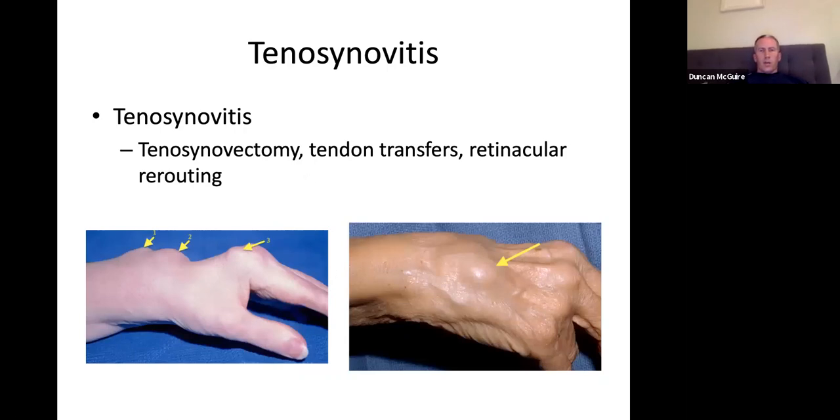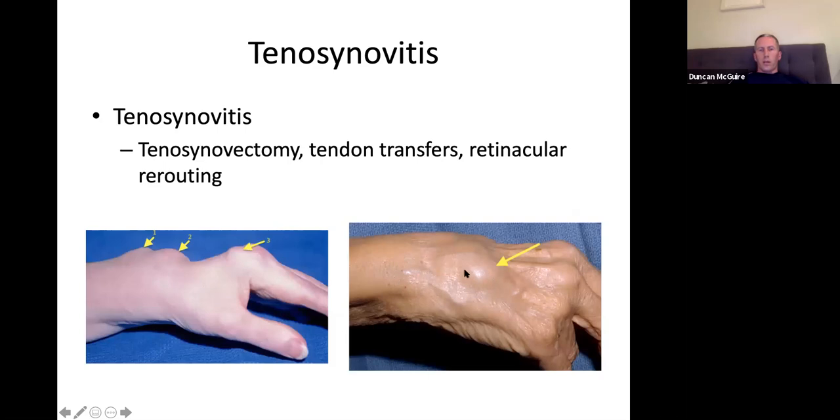Tenosynovitis is very common in the rheumatoids. It's quite often confused with a ganglion, but you can see on these pictures, the ganglion is usually just a solitary, round, firm lump, which is mostly over the dorsal scapholunate interval. The tenosynovitis is often dumbbell-shaped, where you get a swelling. You can see on this picture on the right here, swelling distal to the retinaculum, and then swelling proximal to the retinaculum.